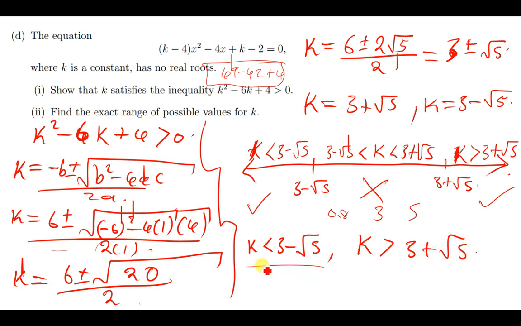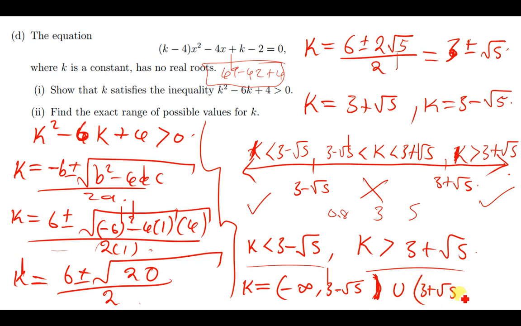If you want, you can write this in interval notation as from negative infinity up to 3 minus root 5, close the bracket there, and then you say union, from 3 plus the root of 5 to positive infinity. So this is what you can write. These are the ranges of values of k that are needed in this question.